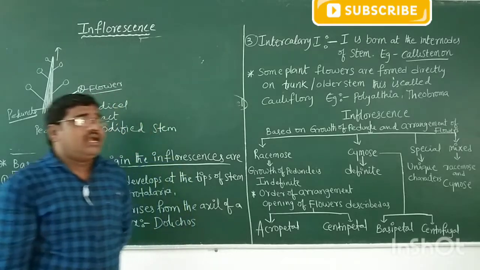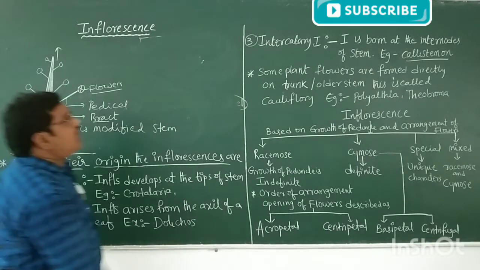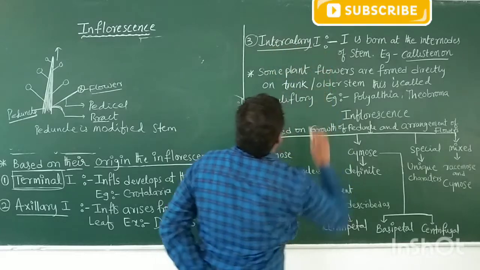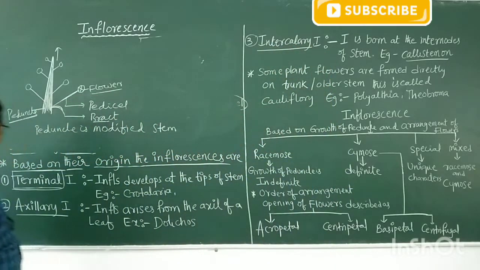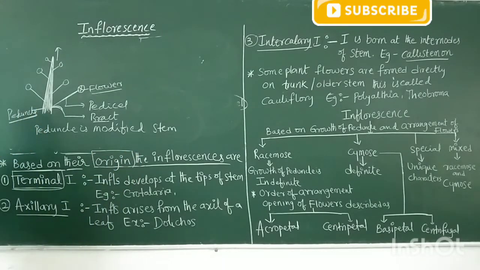The first one is terminal inflorescence, the second one is axillary inflorescence, and the third one is intercalary inflorescence. These are the three main types based on the origin of inflorescence.